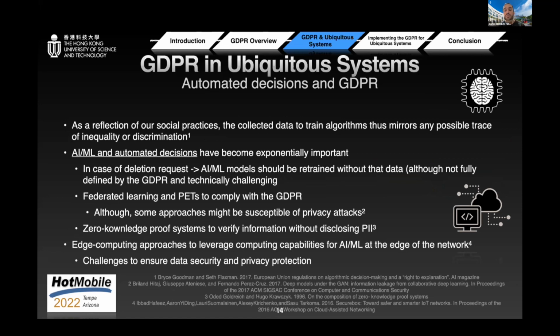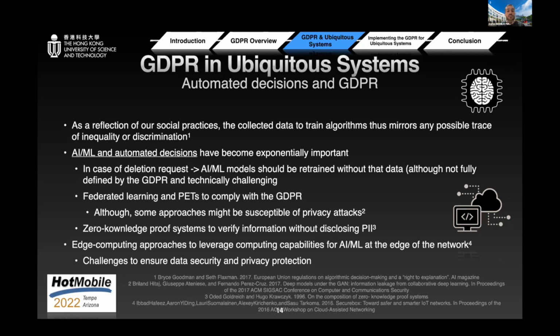And that's something, the automated decisions are also considered in the GDPR, and we haven't mentioned it before. Artificial intelligence and machine learning techniques applying automated decisions have become exponentially important. Moreover, in ubiquitous computing, you can continuously sense a myriad of data collection types.